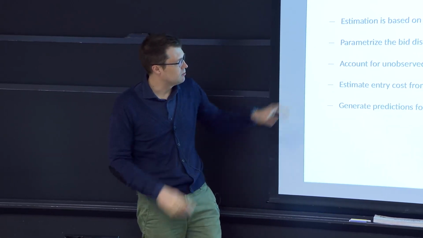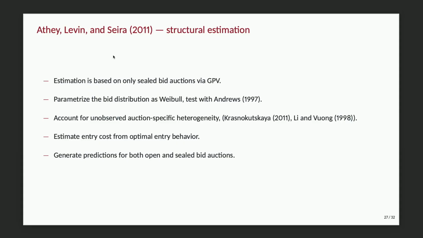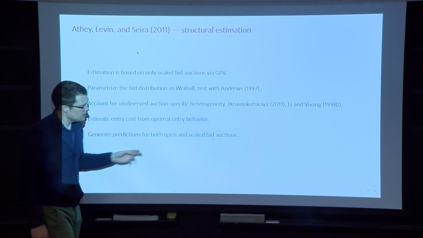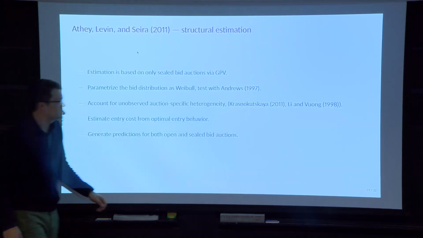Where was I? Okay, I was talking about this unobserved auction-specific heterogeneity. Again, I might see that somehow there's a tract with low-quality wood, and every bidder appropriately prices this in, right? And so there's a way to account for this that comes out of the nonlinear measurement error literature. The key paper here is the one by Li and Vuong, and this has been extended to asymmetric auctions by Krasnokutskaya.